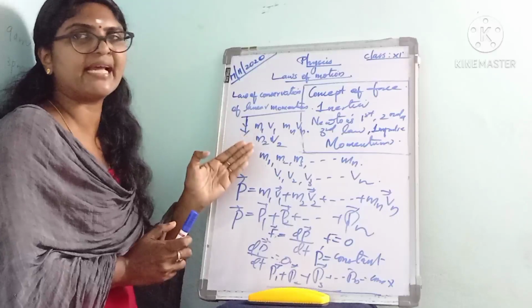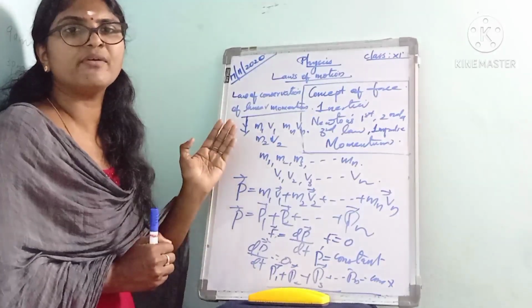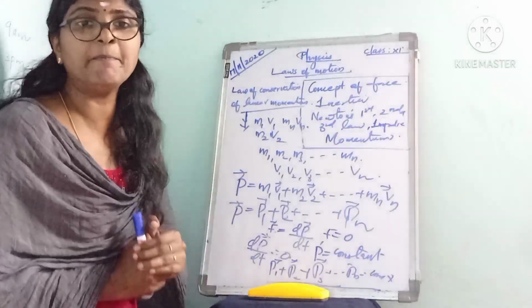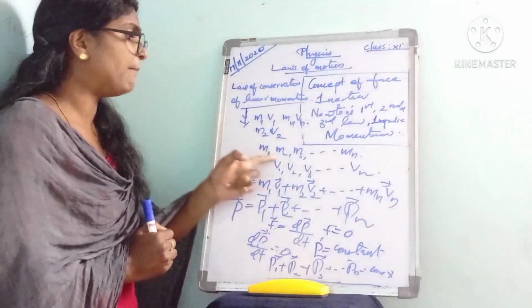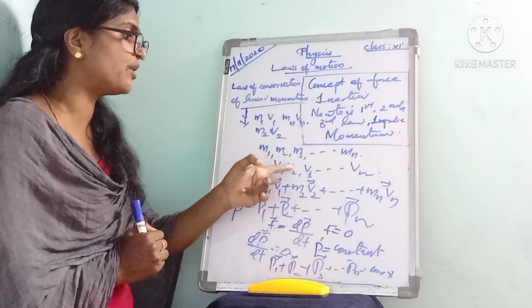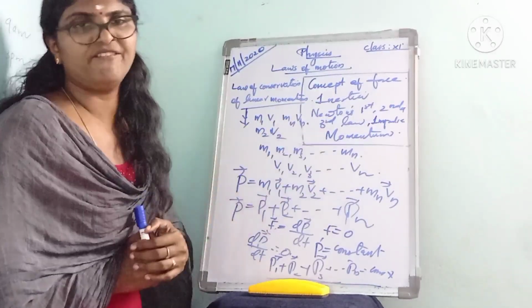Here we are considering an isolated system of n particles of masses m1, m2, m3, etc. up to mn, moving with velocities v1, v2, v3, etc. up to vn.